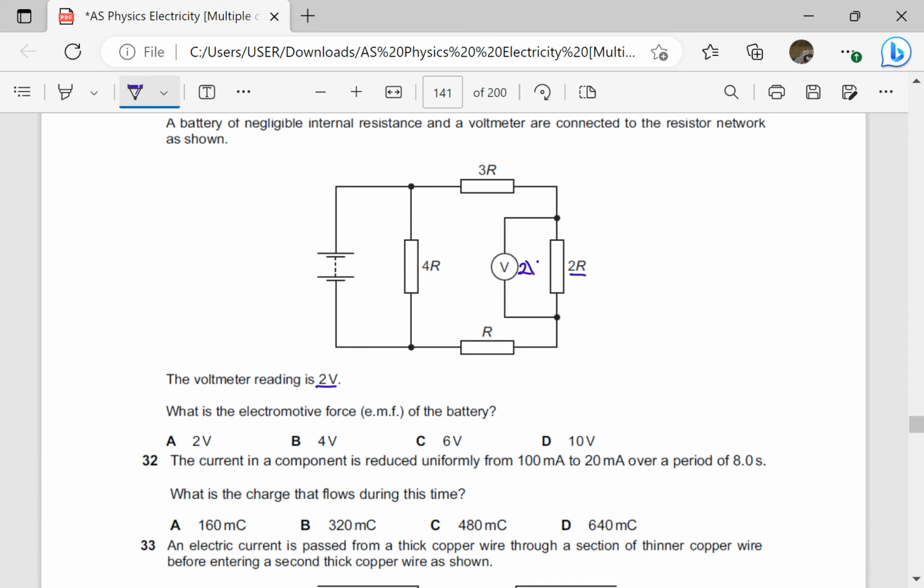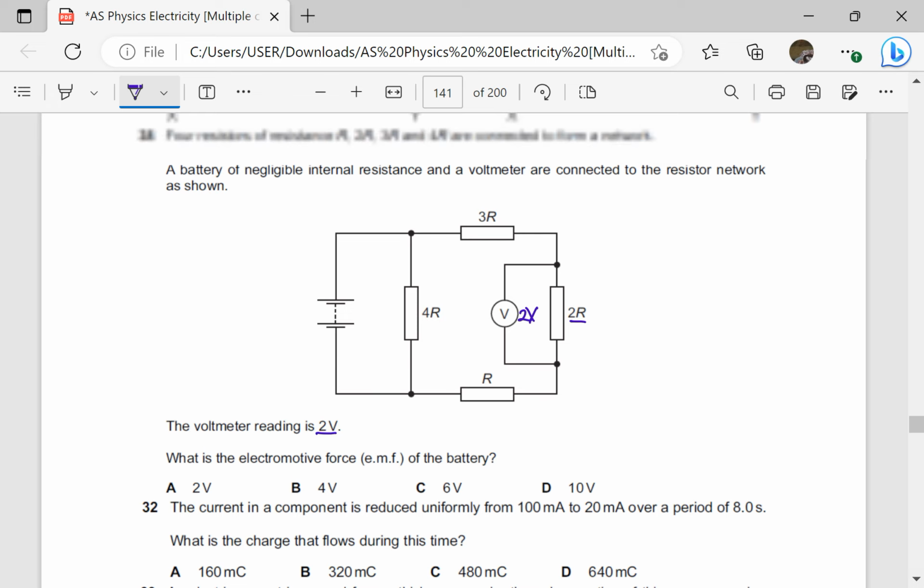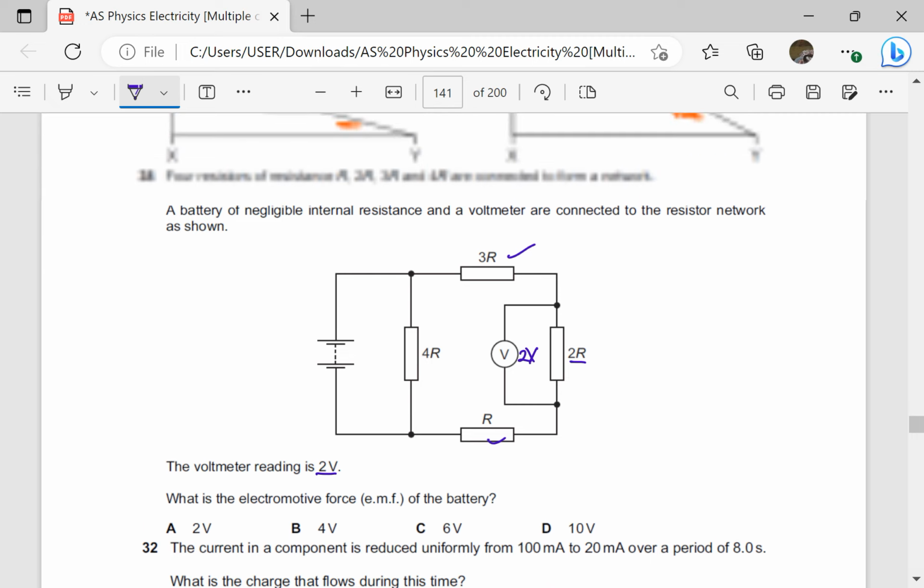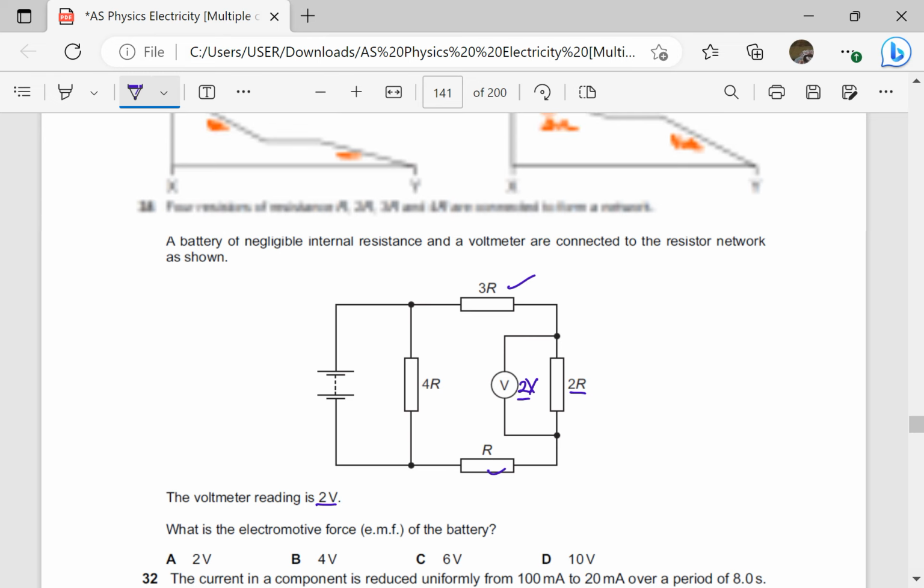If the voltmeter is reading 2 volts, then we can predict the current in that part of the circuit. Note that 3R, 2R, and R are in series. So the current through them is going to be the same. Let's just use these 2 volts to find the current through 2R, and it will be the same current through 3R. It will be the same current through R.